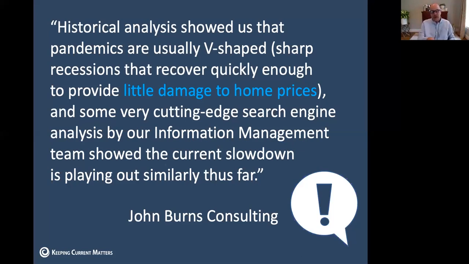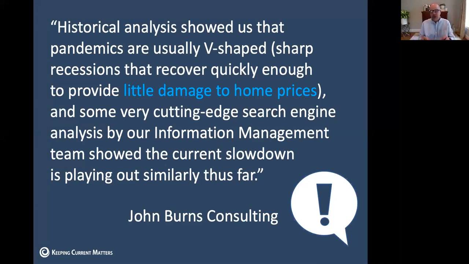They do a lot of consulting to hedge funds, large builders that are looking for data to make decisions on in our industry. So very respected. And they're saying, hey, when we look at the history, we see V-shape. So what do we have? We have four institutions that they say, we're looking at this V-shaped recovery. We have Harvard, the Harvard Business Review, John Burns Consulting, saying, this is what we see happening.